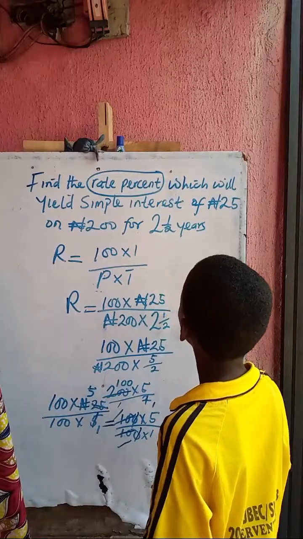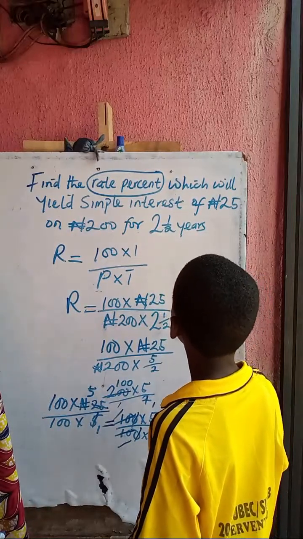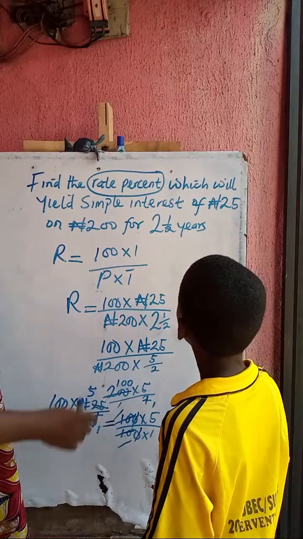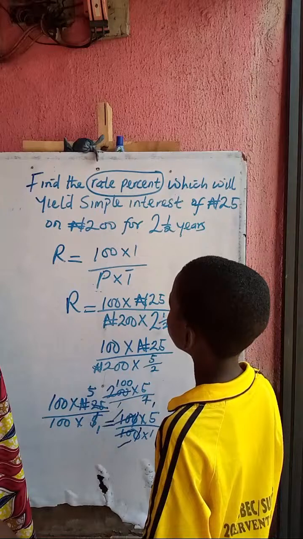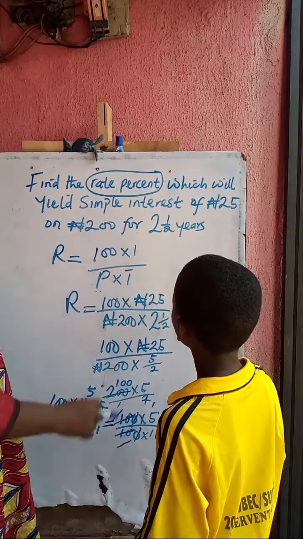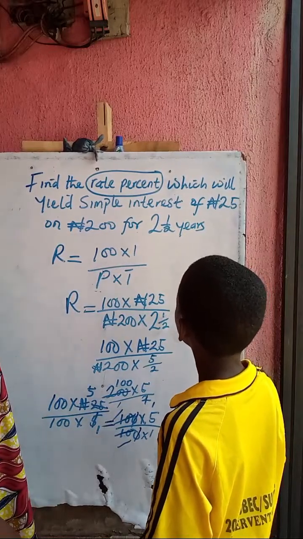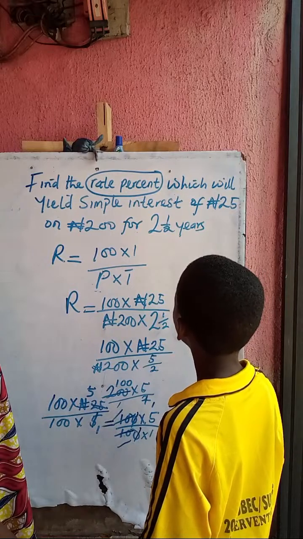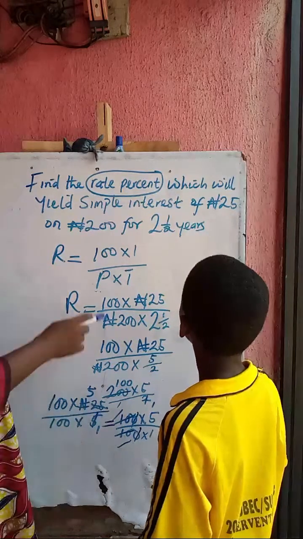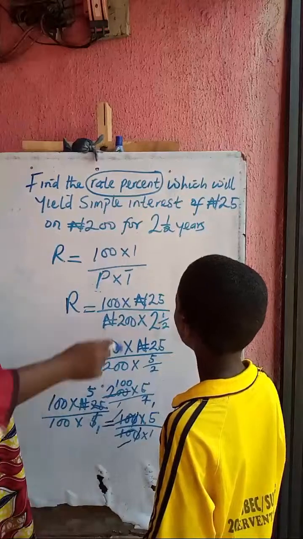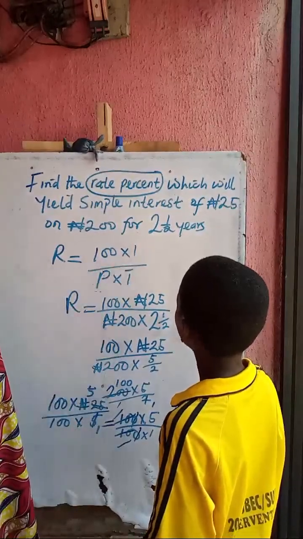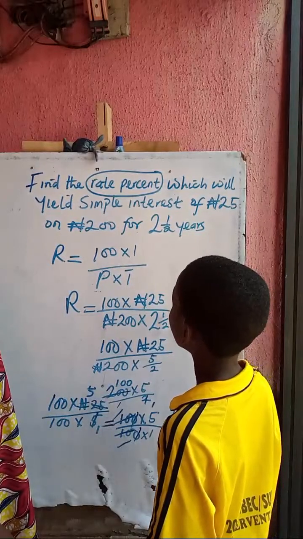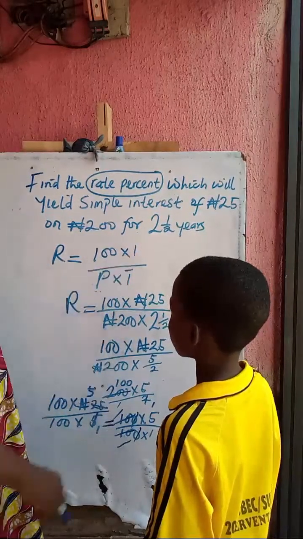Find the rate percent which will yield simple interest of 25 naira. So I stands for 25 naira. P stands for principal, T stands for time, and R stands for the rate.